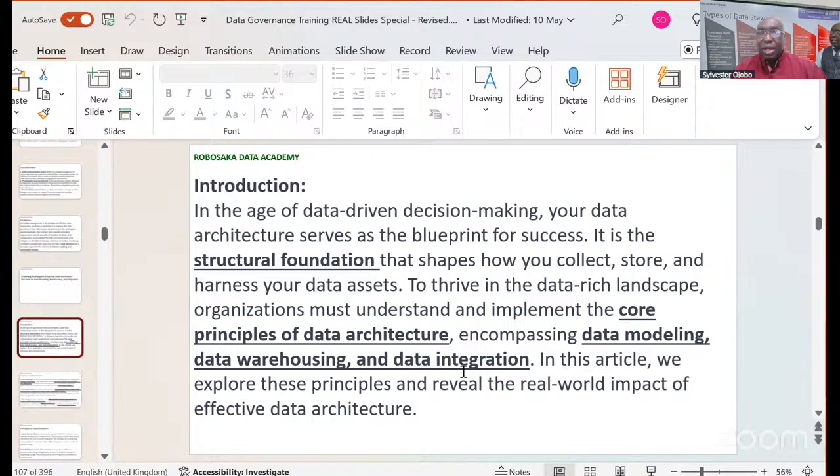This really requires data modeling, warehousing, and putting data together in order to have a unified usefulness. So I want you to know that it is a foundational structure.